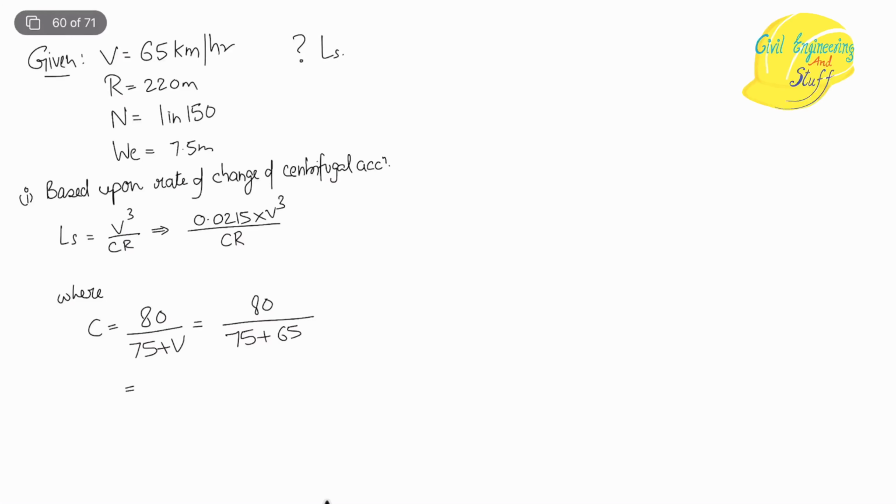This comes out to be 0.57 meter per second cube. The permissible value for C is between 0.5 and 0.8, so we can adopt this value.